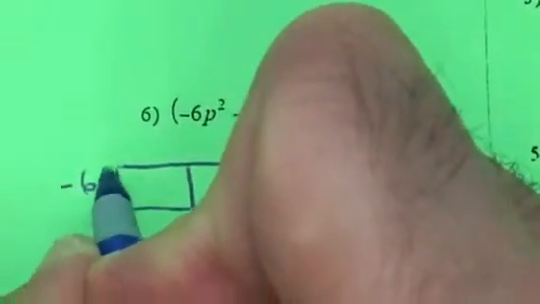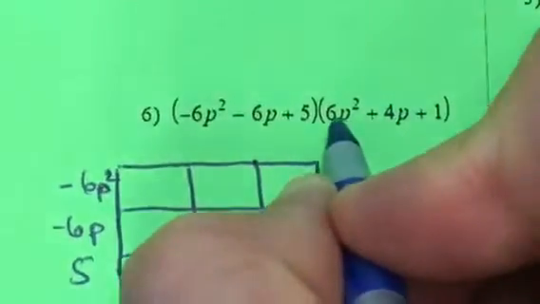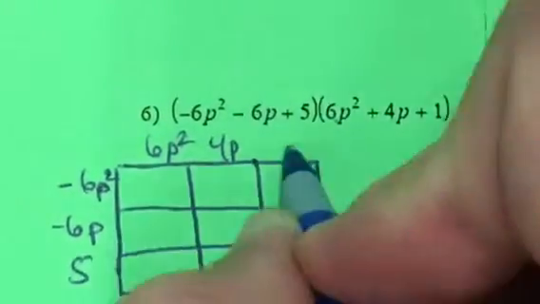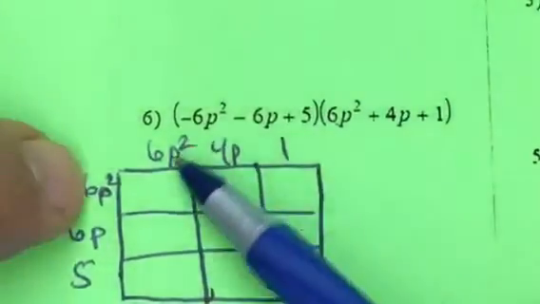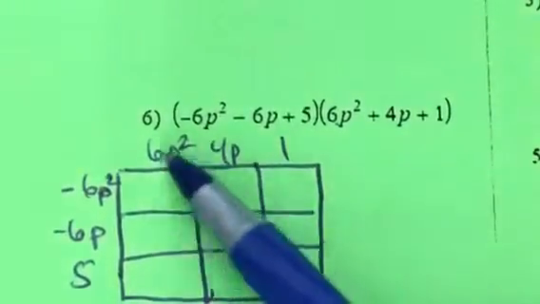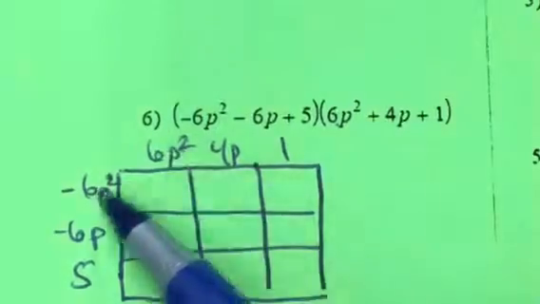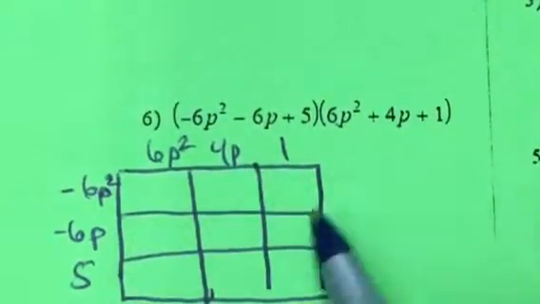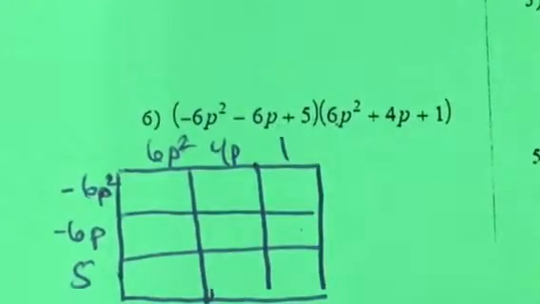Negative 6p squared, negative 6p, 5. 6p squared, 4p, 1. Multiply. Each of these boxes we fill up with above and left, above and left. Combine your like terms on the diagonals, and you'll finish.